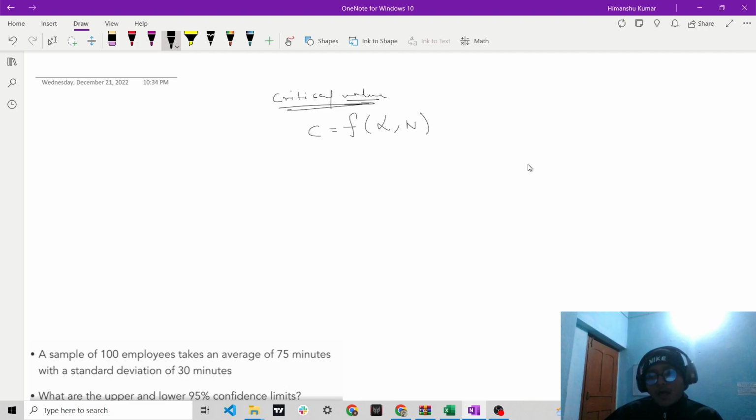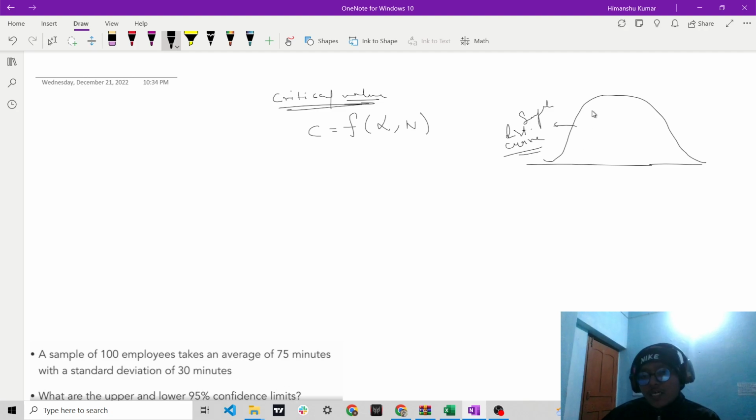So actually, we have a distribution curve, that is a sample distribution curve, and we have to get the critical value, which will help us to decide what is the acceptance area or what is the rejection area.